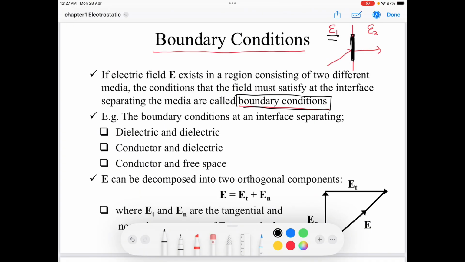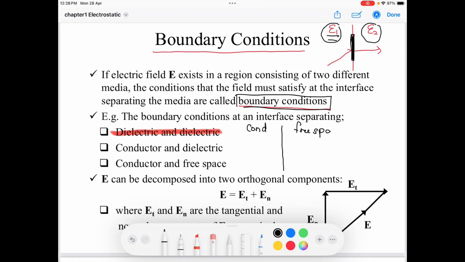These boundary conditions can happen at many interfaces. They could separate dielectric and dielectric, for example, dielectric 1 and dielectric 2, as I'm showing you here. They could also happen between a conductor and a dielectric, meaning here you have a conductor and here you have a dielectric. Or between a conductor and free space, where the dielectric is replaced with free space.